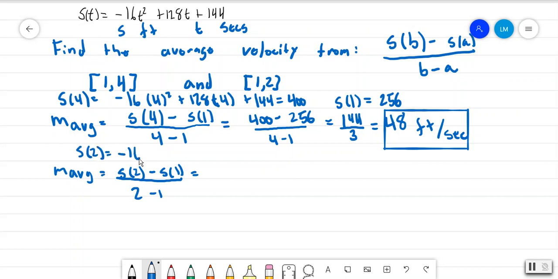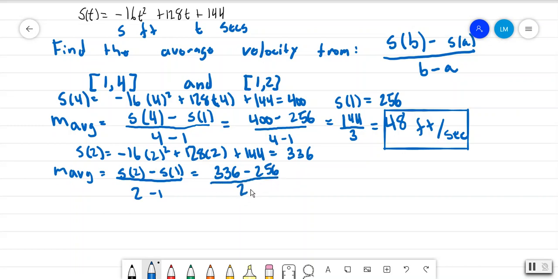Well, that's going to be negative 16 times 2 squared plus 128 multiplied by 2 plus 144. Now, when you plug in 2, you get 336. So that's going to be 336 minus 256, all divided by 2 minus 1.